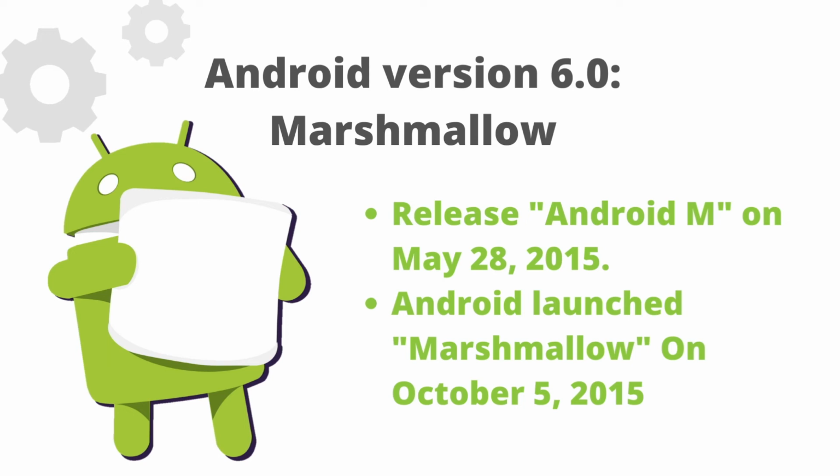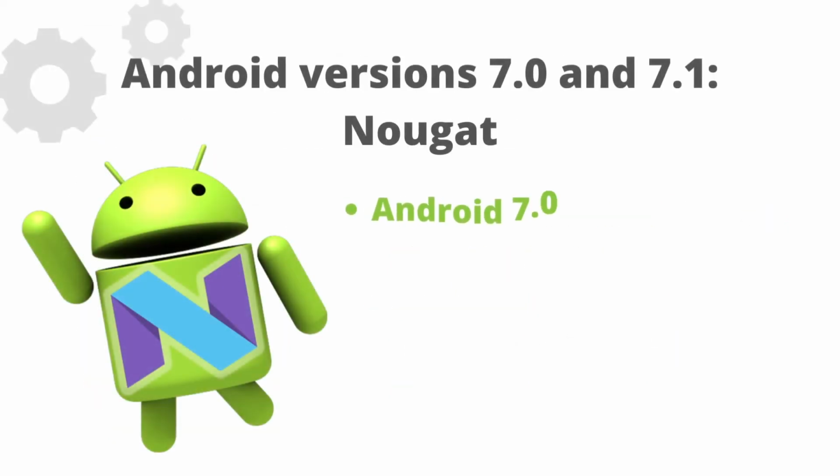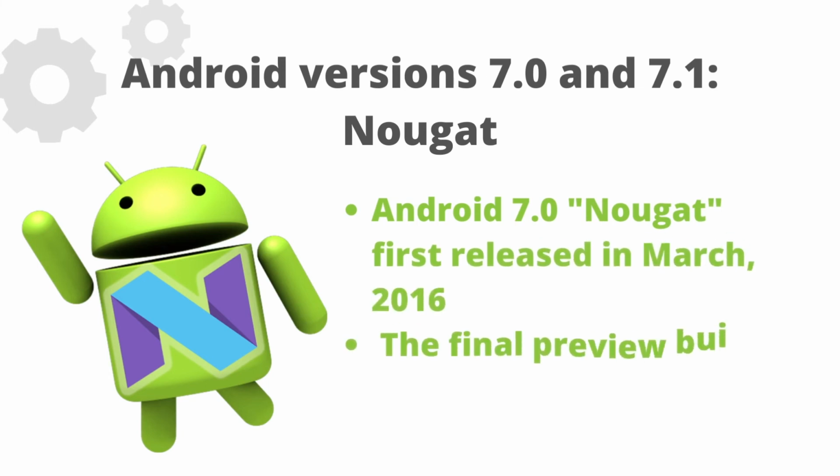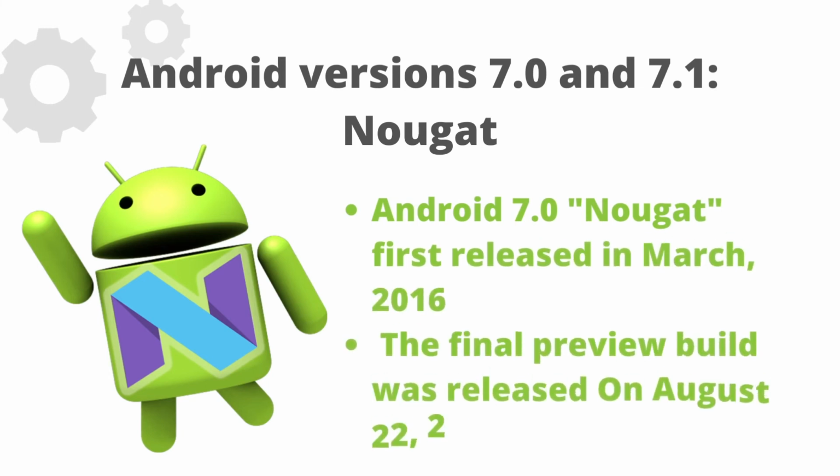But on September 5, 2015, Android launched Marshmallow for all Android devices. Android 7.0 Nougat was first released as a developer preview in March 2016 with factory images for the Nexus devices. Then the final preview build was released on August 22, 2016.